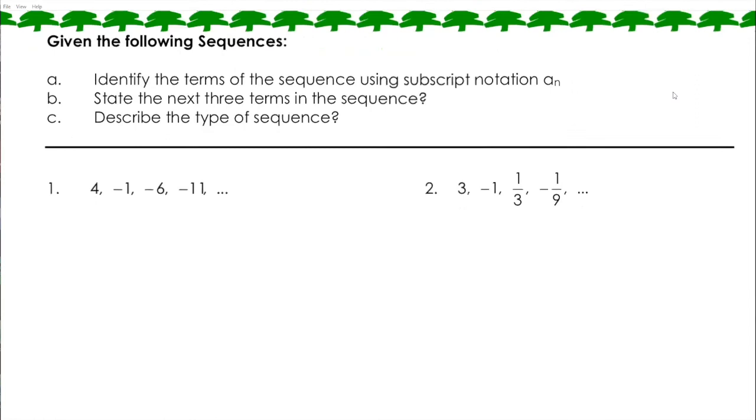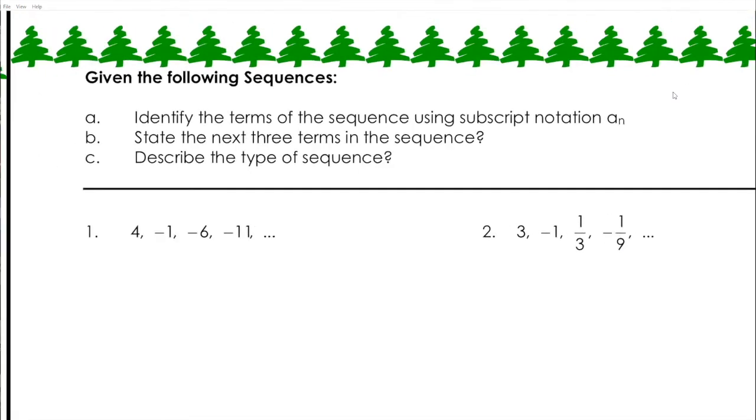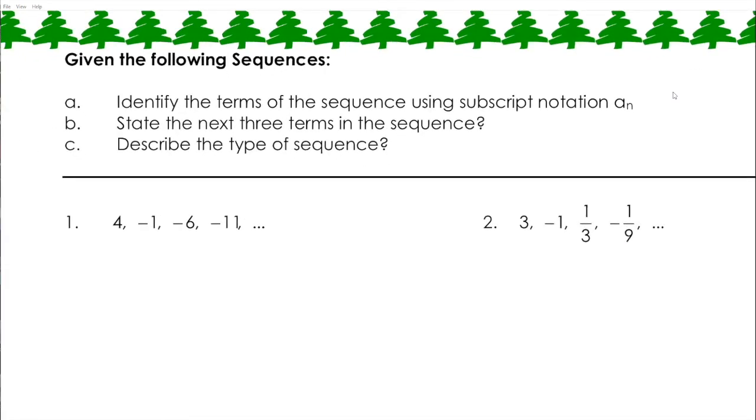So we want to identify the terms of our sequence and then find the next 3 and describe what's happening. So we go 4 to negative 1 is minus 5. 1 to negative 6, minus 5. Negative 6 to negative 11 is minus 5.